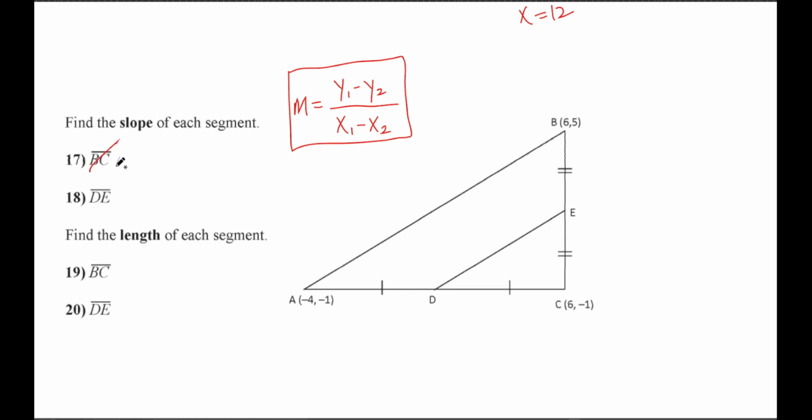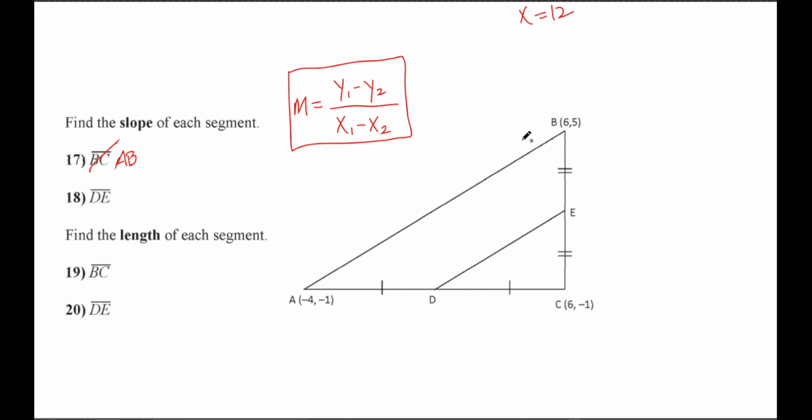This should be AB. 17. This should be AB. And what's 18? AB? All right, yeah, so it is AB and DE. What I did is, long story, I couldn't find this chapter test, and I had to rewrite it again. Anyway, let's just do this, AB and DE.